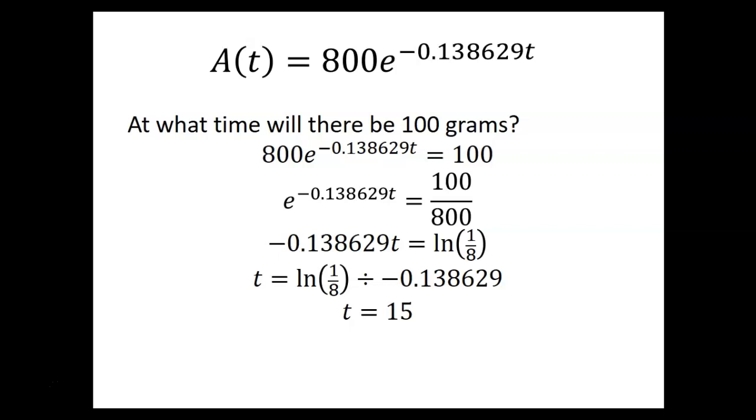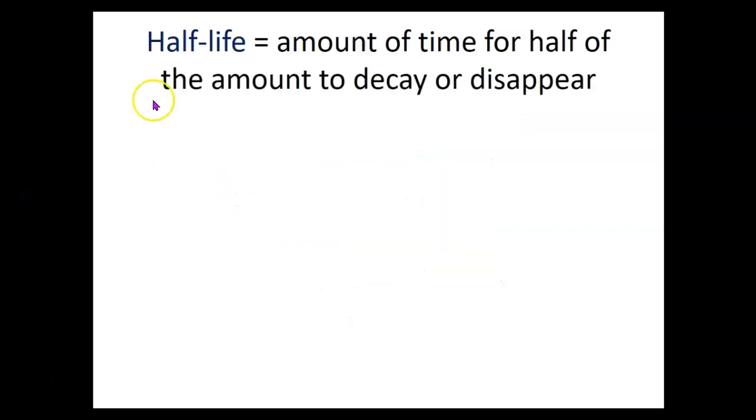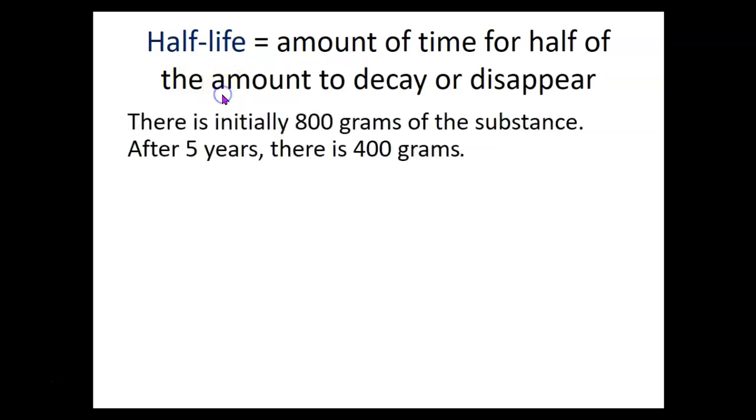Now, there's a sort of shortcut way of figuring that out. There was initially 800 grams of the substance, and after 5 years, it had gotten down to half that amount, 400, which was half of the 800 that we started with.